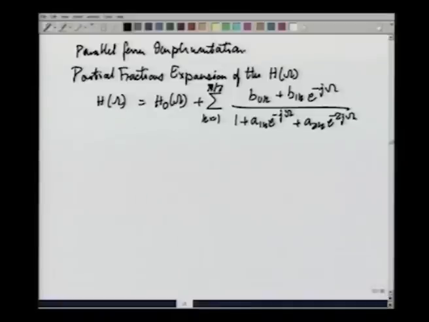So, in order to carry out this kind of an implementation in parallel form, we construct each of these partial components found in the summation. There are totally n by 2 of them, and finally add it to h 0 of omega, and the whole thing will give you the complete system h omega.